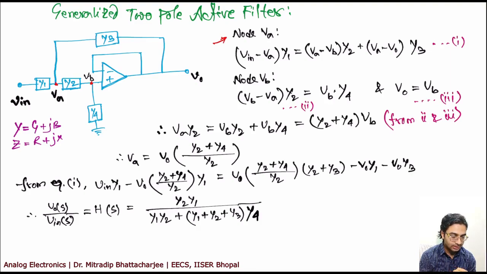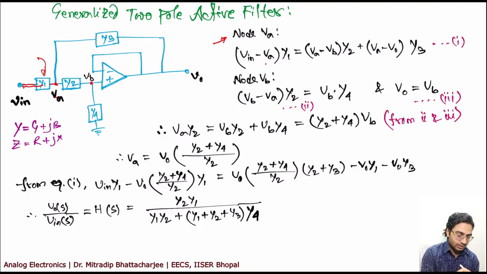The major current is from Y1, that is V in minus VA divided by Z if it is a Z, but it's the opposite of that. So you can write V in minus VA into Y1. I think you are getting my point.